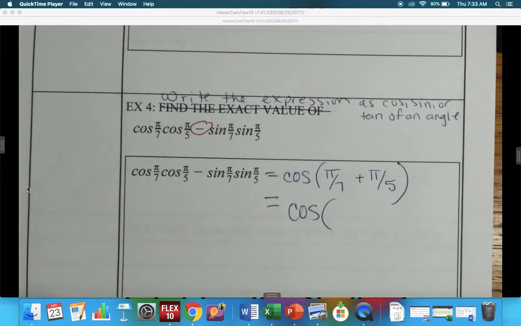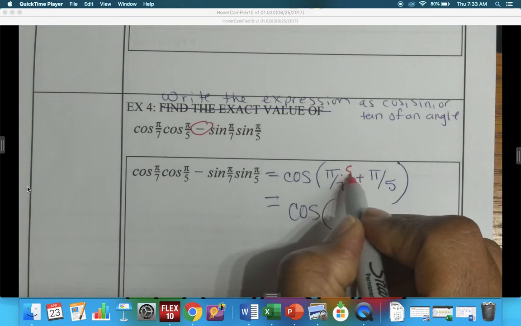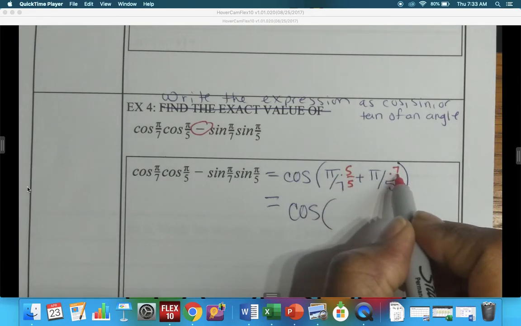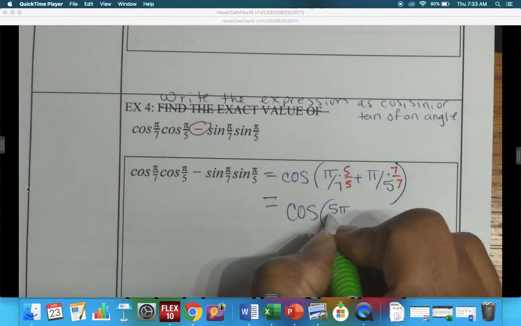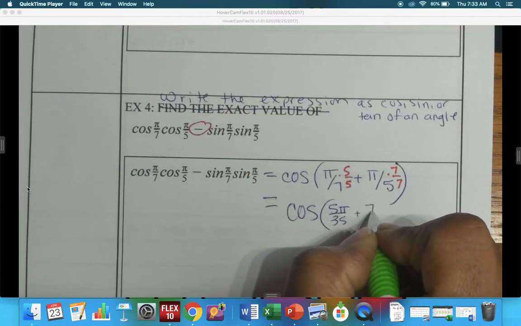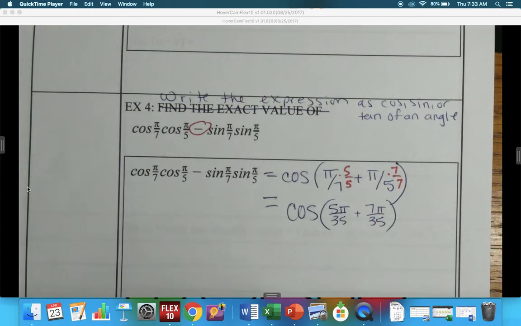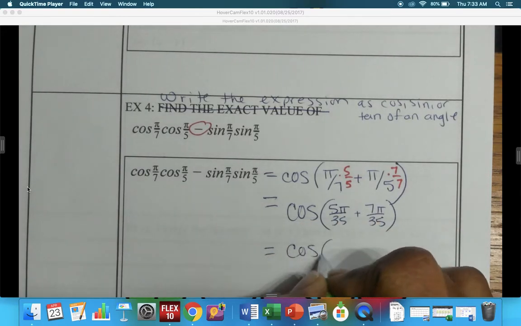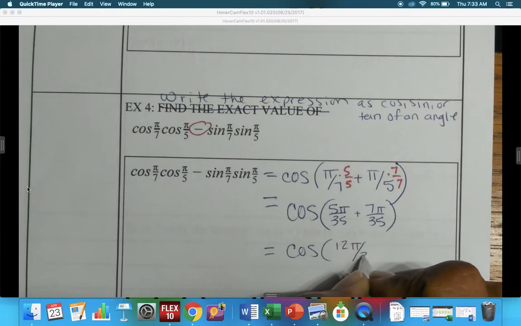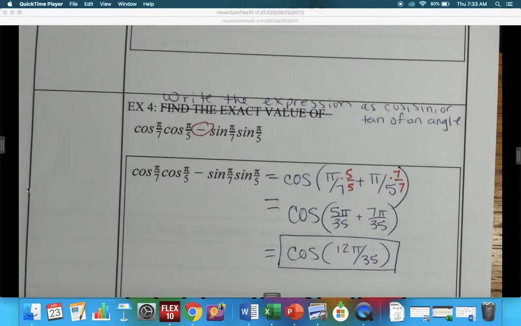I need to have a common denominator, which is 35. So I'm going to multiply by 5 over 5, here by 7 over 7, and I end up with 5 pi over 35 plus 7 pi over 35, which again is still not cosine of an angle. These are still two separate angles, so let's bring them together. Now that they have common denominators, I can put it as 12 pi over 35. And now I've condensed it down to cosine of one angle.